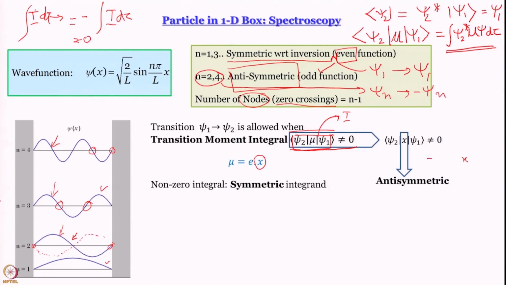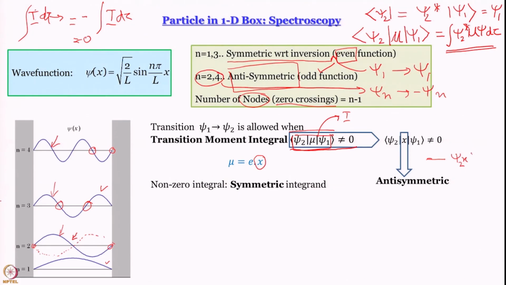Let us say psi 2 is symmetric. So, psi 2 will remain psi 2. Now, if psi 1 is also symmetric, what will happen? Then this triple product changes sign, which means the integral changes sign, which means the integral is 0. How can one avoid it?